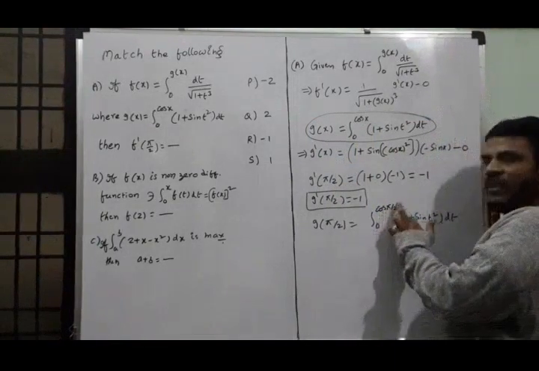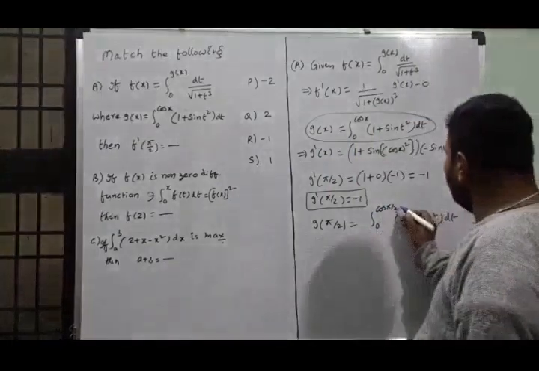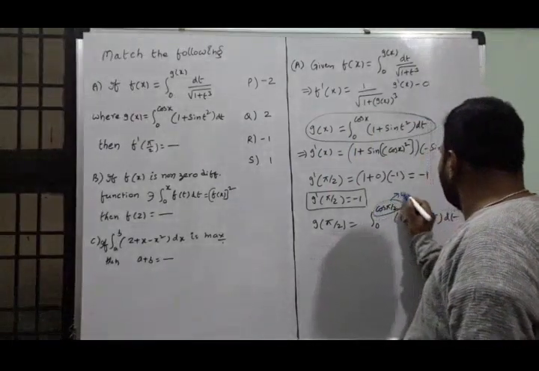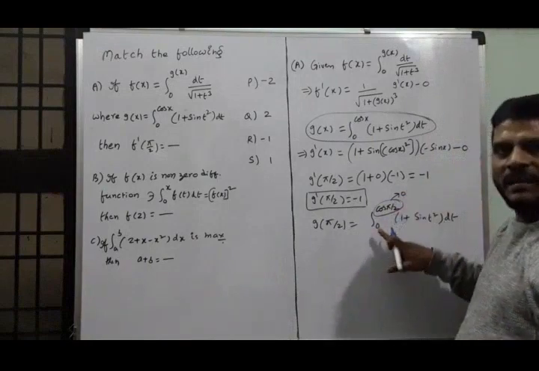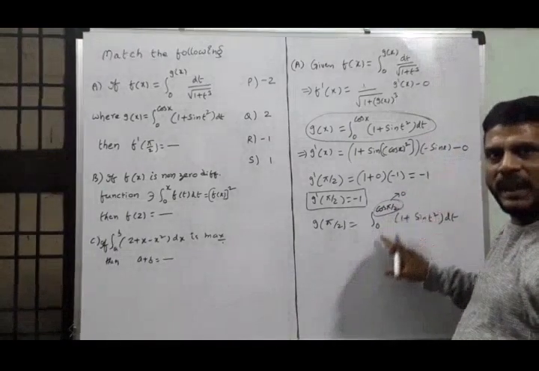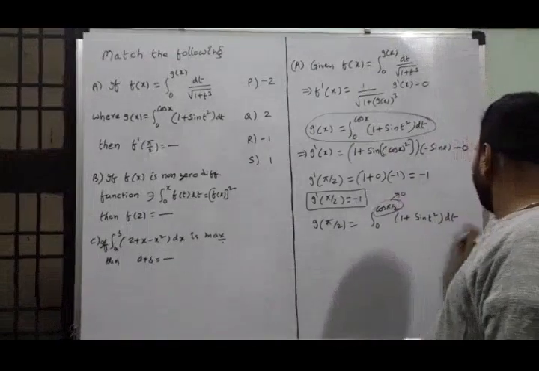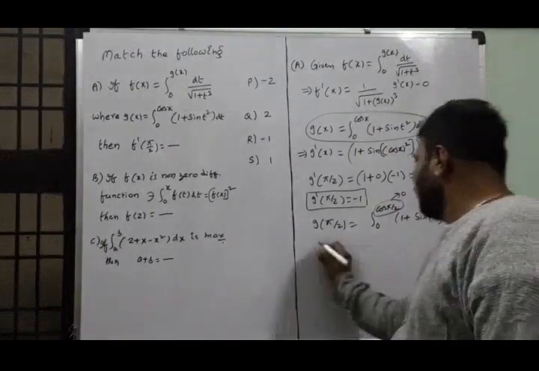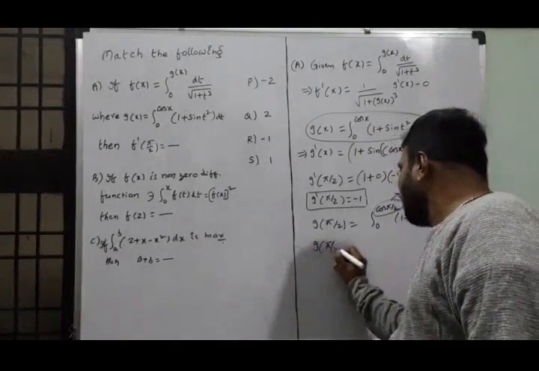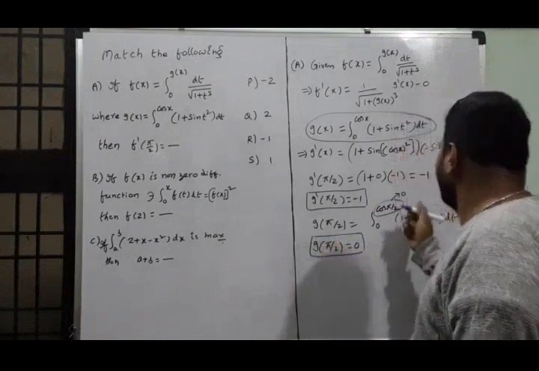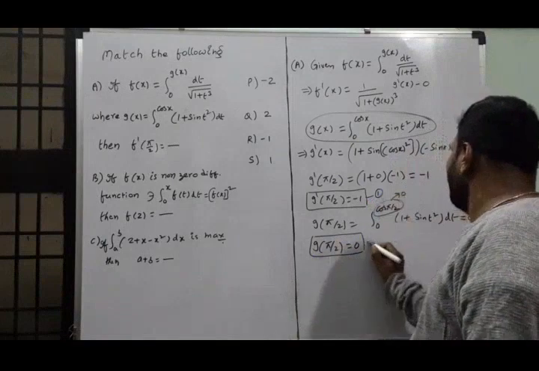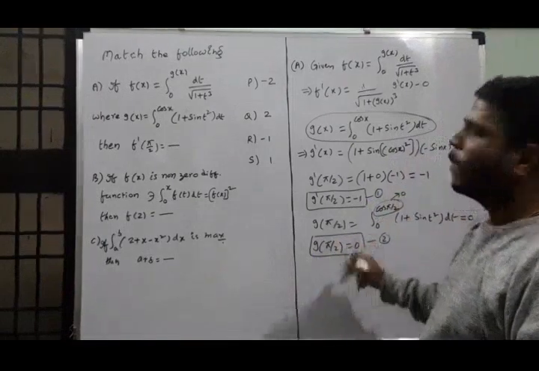What is the value of cos pi by 2? It is nothing but 0. So the lower limit is 0, the upper limit is 0. Whenever the lower limit and upper limit are both equal, the value of the definite integral is 0. So g of pi by 2 is equal to 0. This is equation 1, this is equation 2.